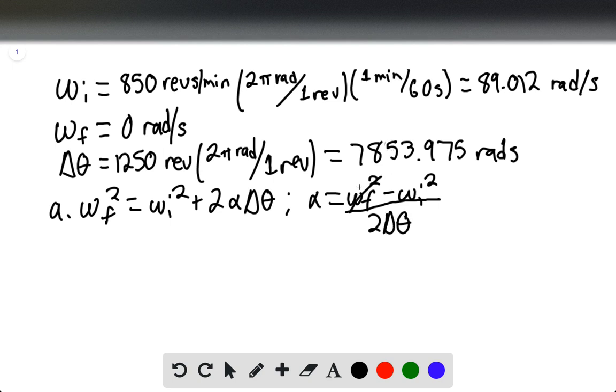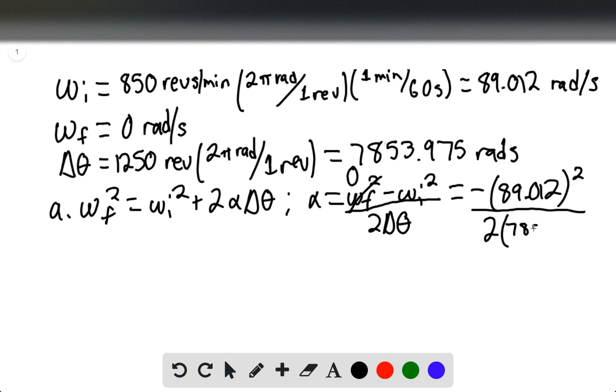We know that the omega final squared is going to be 0, so this is going to be negative 89.012 squared divided by 2 times theta. In this case, it will be 7,853.975. And we find that alpha, the angular acceleration, is negative 0.504 radians per second squared.